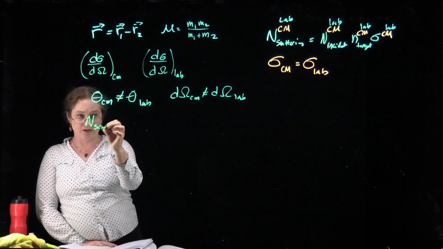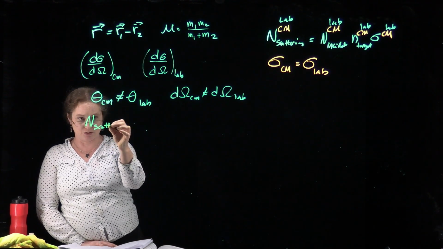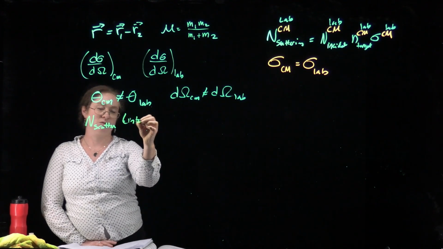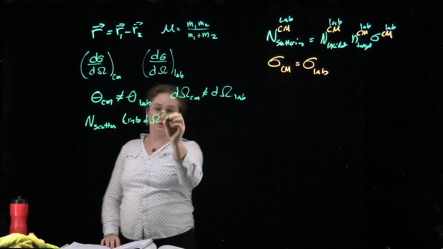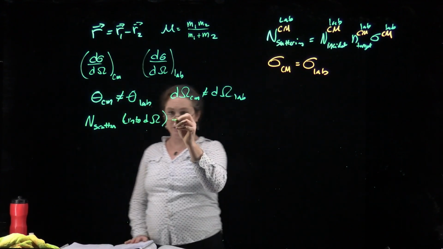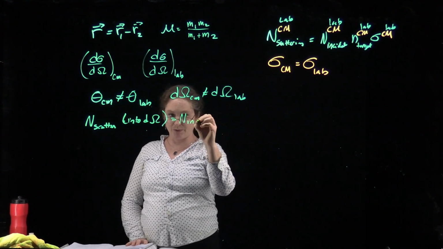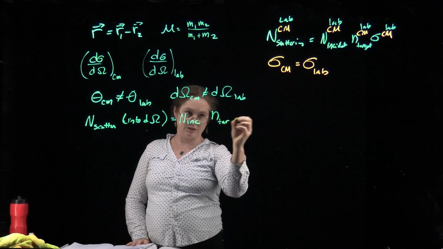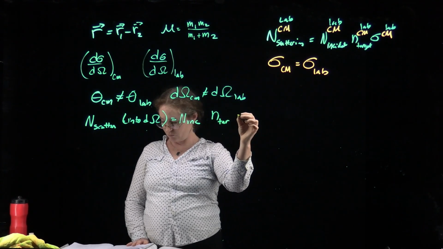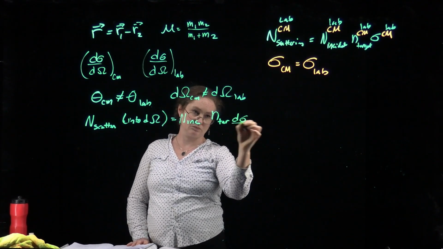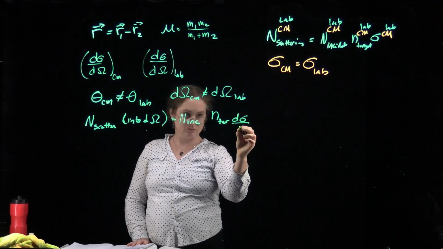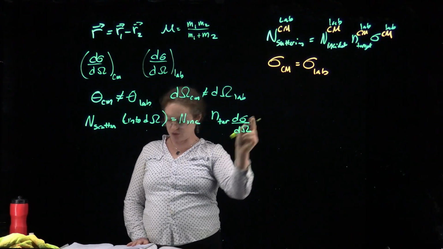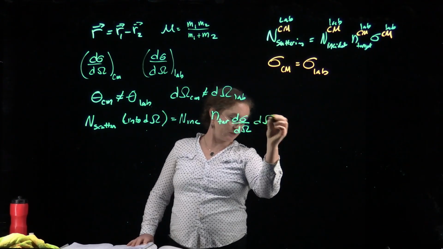The number of scattered particles into a given solid angle is equal to the number of incident particles times the number density of the target times the differential cross-section times the solid angle.